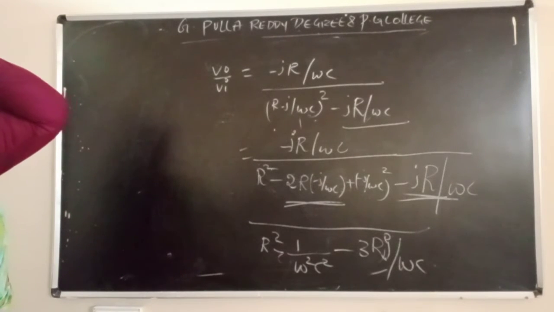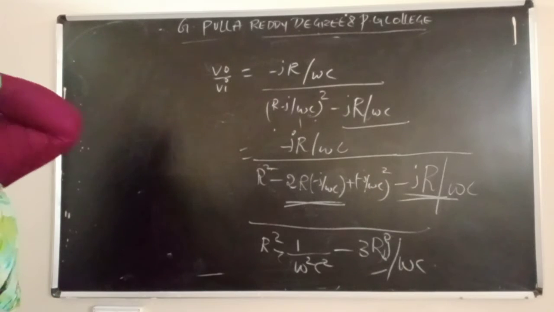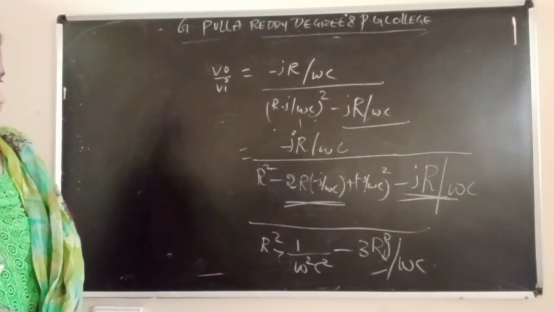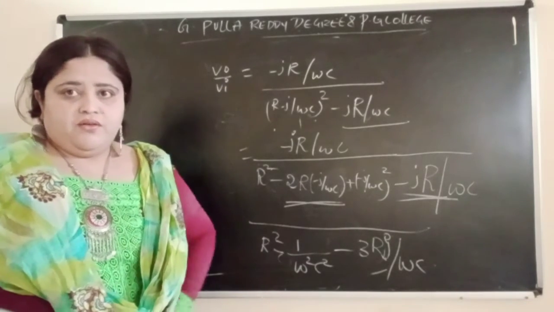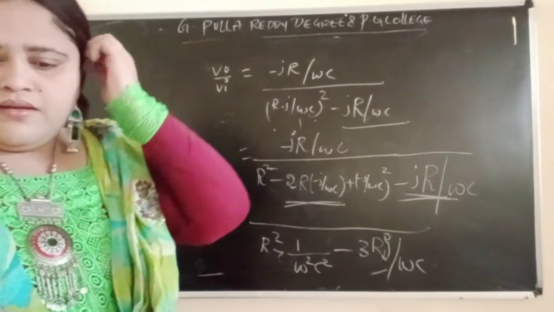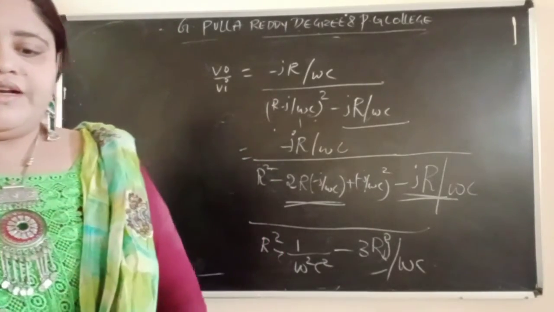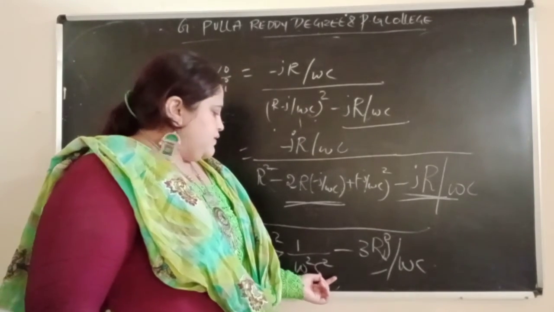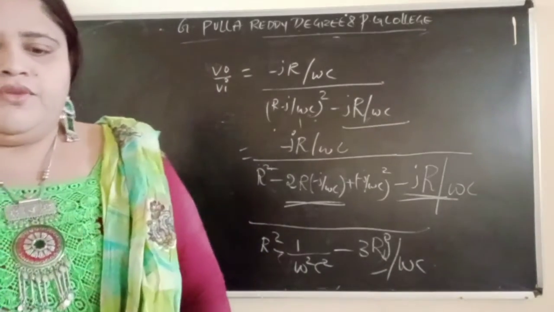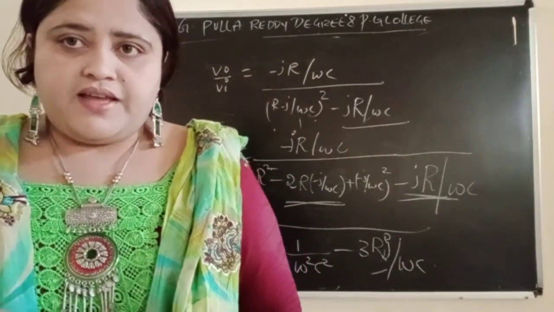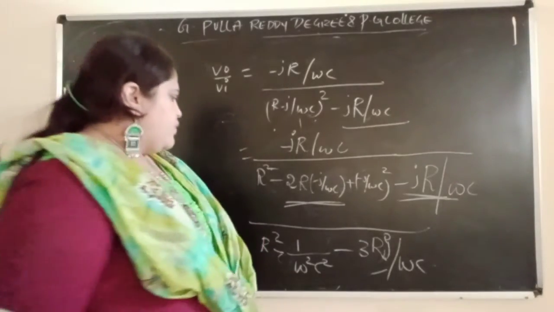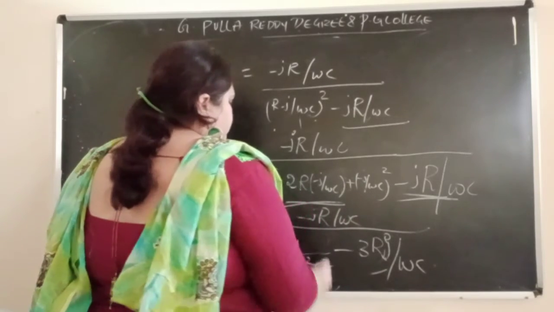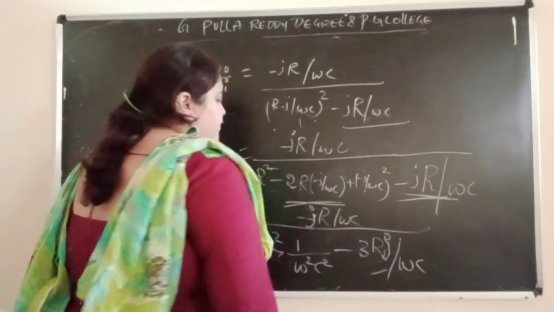So R square minus 1 by omega square C square, and you will get plus 3 j R by omega C. You can write it as this equation in the denominator. The upper part will be the same: j R by omega C. So this is equation 3.